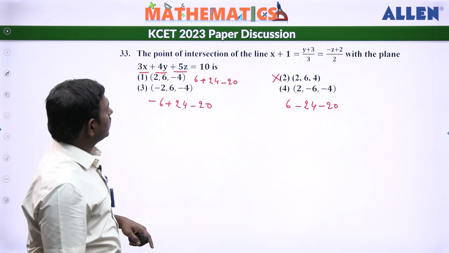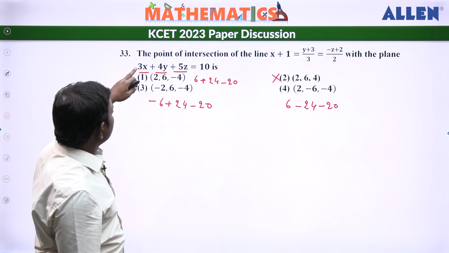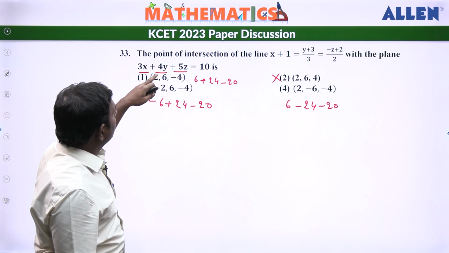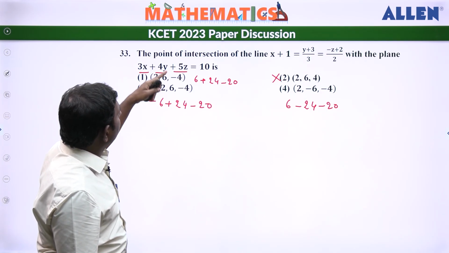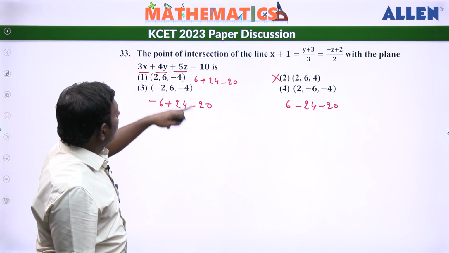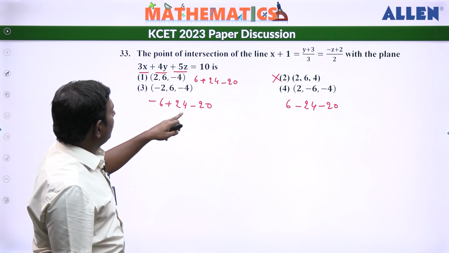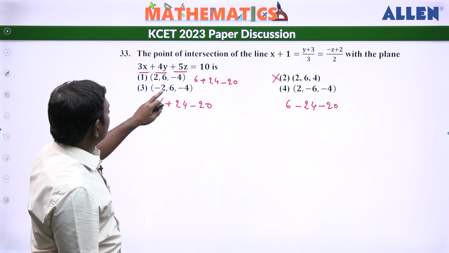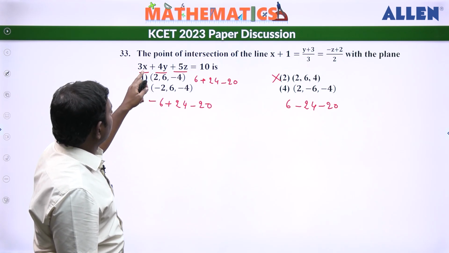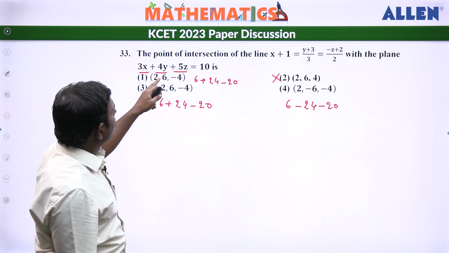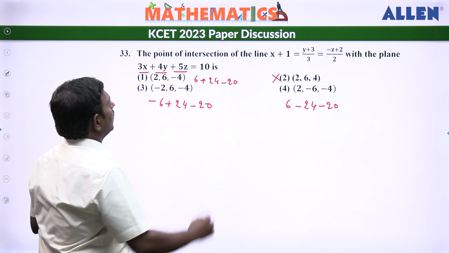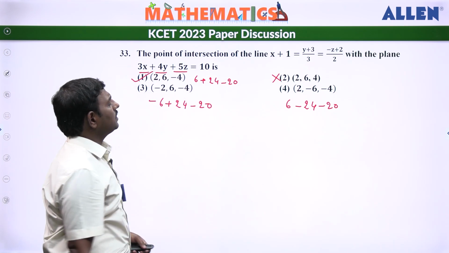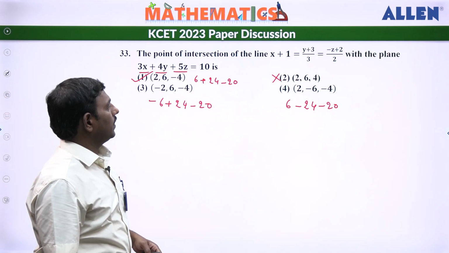This value is non-zero. Once again checking minus 6, 24 and minus 20, this sum does not satisfy, and 6 plus 24 is 30, minus 20 is 10. So clearly we can say option number 1 is satisfied.